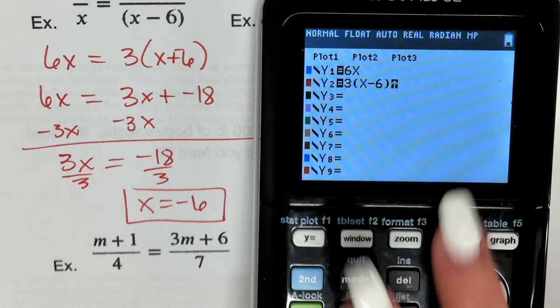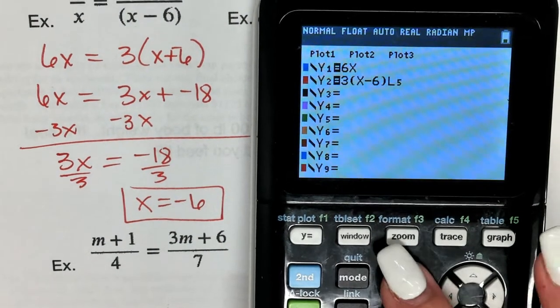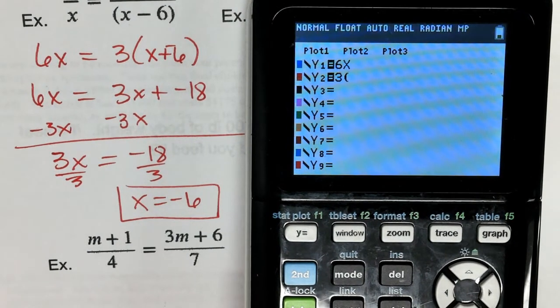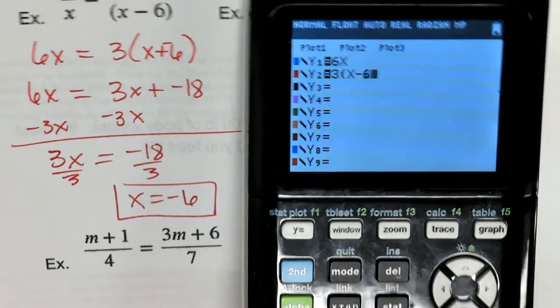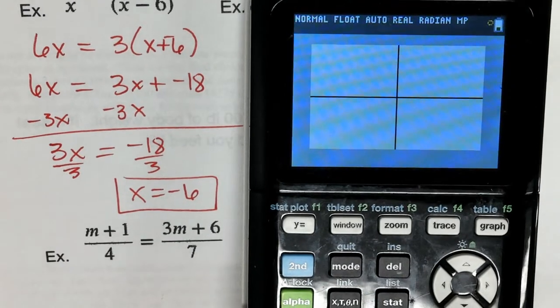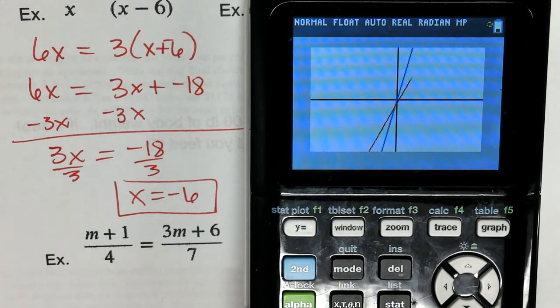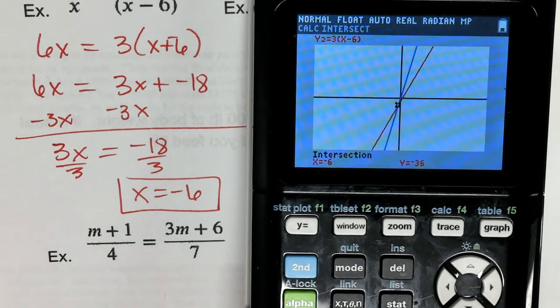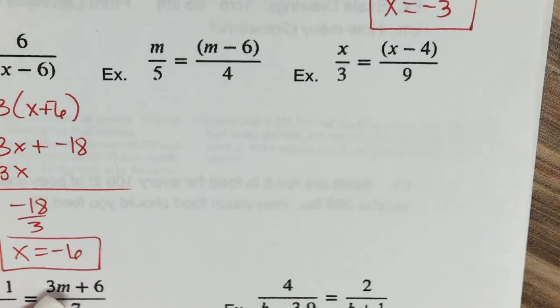And then second trace. You can press the background, press delete. And my answer is -6. Are we okay? Try the next one.